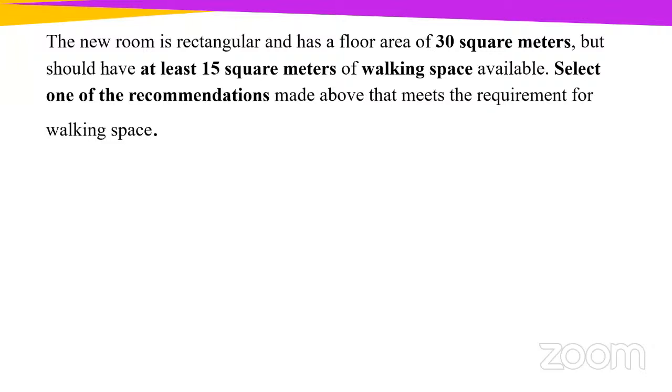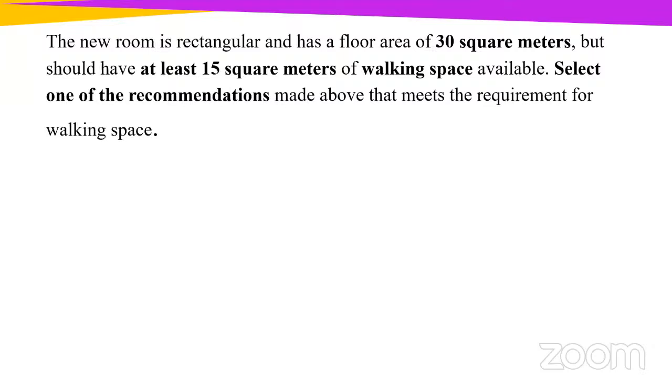Okay. All right, that's as close as it is. Good job, very good job. So David went ahead to give us the calculations. Basically what he's saying is that we have to find the area of the furniture to be able to know the amount of walking space that we have available.